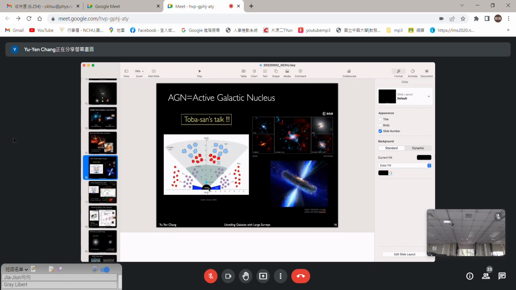This model is believed to be true, especially by people who do theory, because if we don't have an AGN with a black hole, then the current observation is not consistent with theory. So they need to add a supermassive black hole in their model to have the same number of massive galaxies.